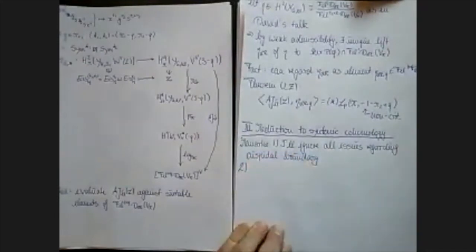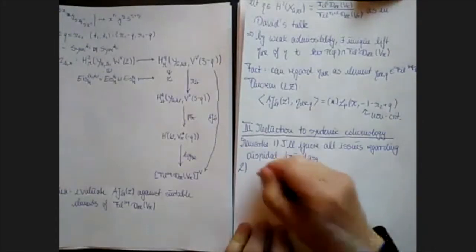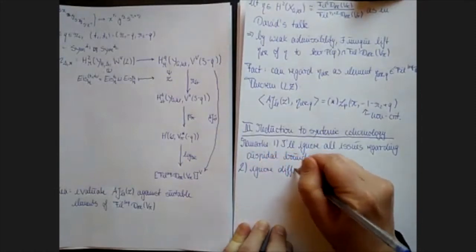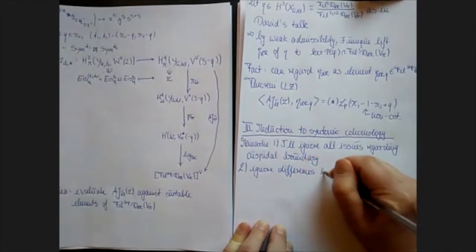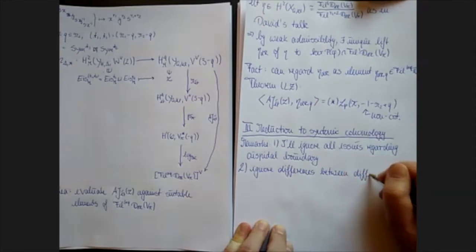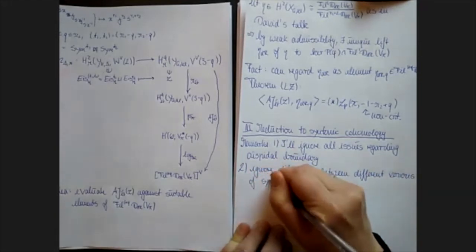And the second remark is, in our paper, we use at least 5 different versions of syntomic homology. I'm going to blur the distinctions between these different theories. So I will ignore the differences between different versions of syntomic homology.